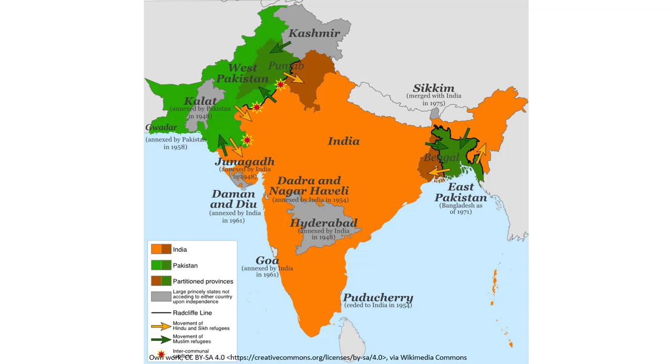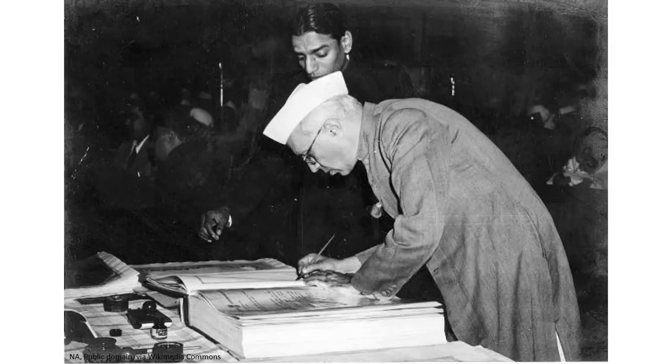Tensions rose and violence broke out, costing the lives of over 1 million people and making 12 million more refugees. After Gandhi was assassinated, his ally in the Indian National Congress, Jawaharlal Nehru, embarked on a program of modernizing and industrializing India, which wasn't the path Gandhi had envisioned.